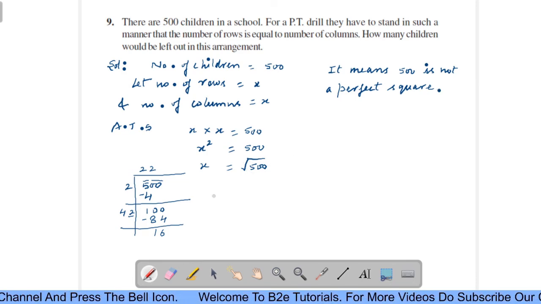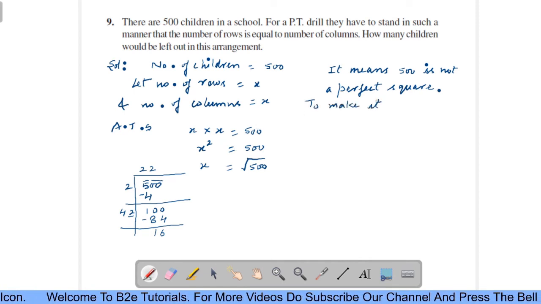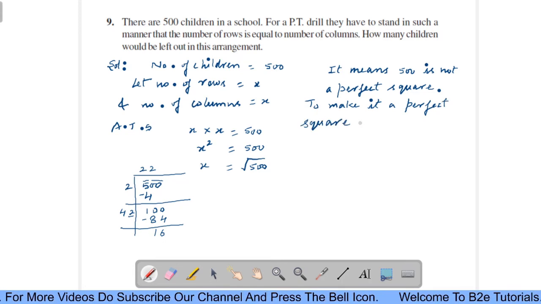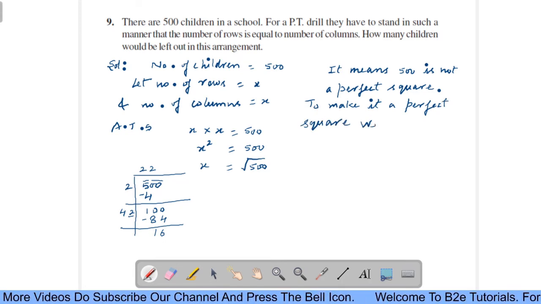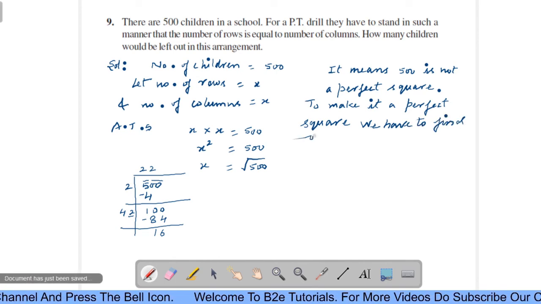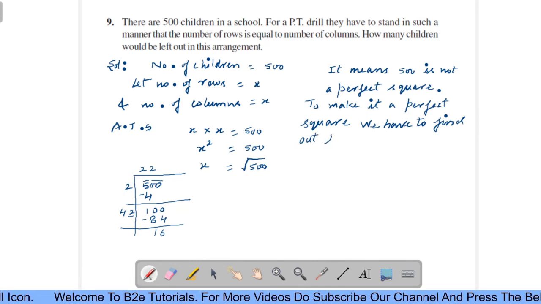To make it a perfect square, we have to find out the least number to be subtracted.